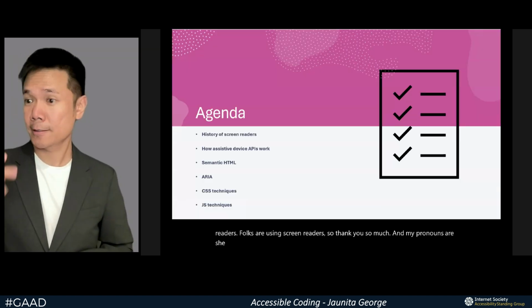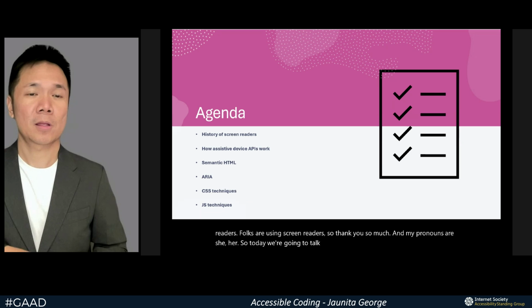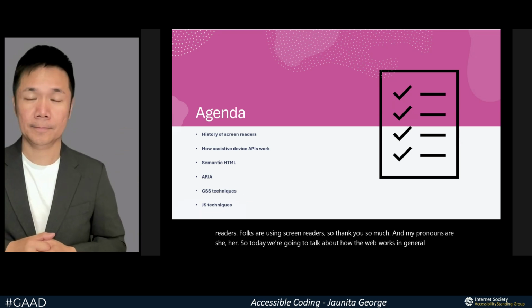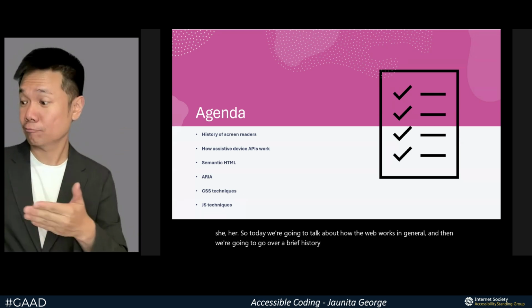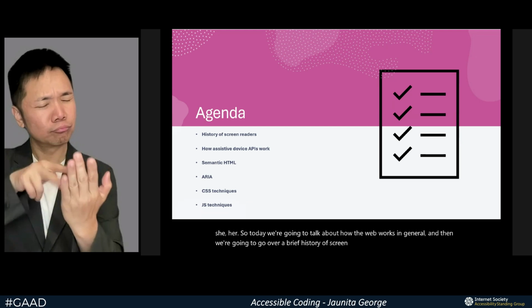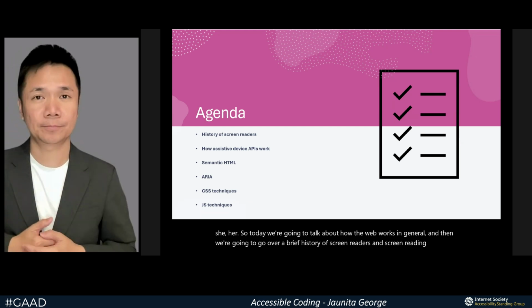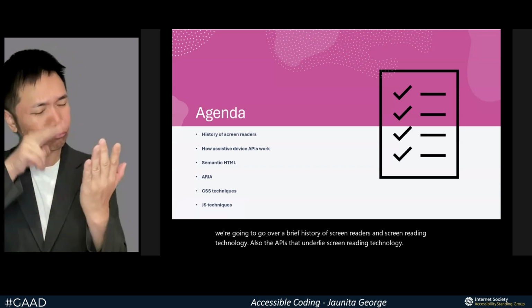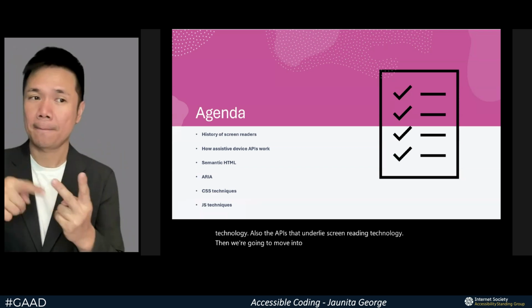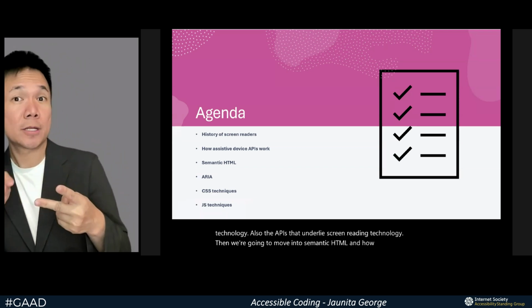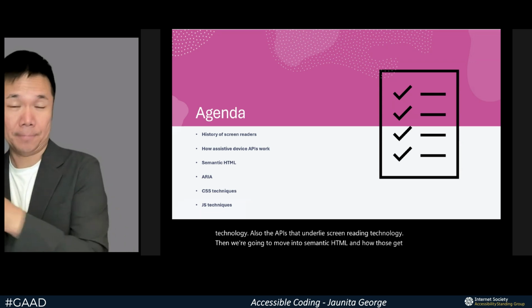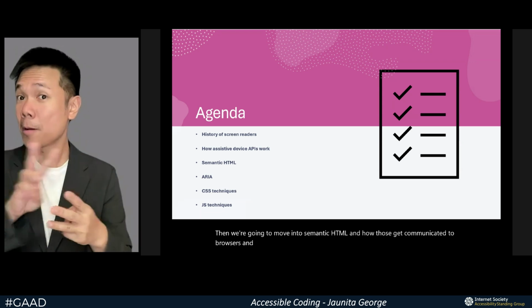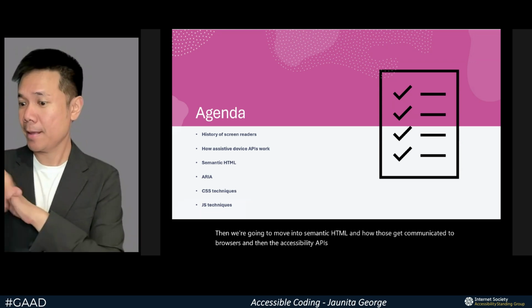So today we're going to talk about how the web works in general, and then we're going to go over a brief history of screen readers and screen reading technology, also the APIs that underlie screen reading technology. Then we're going to move into semantic HTML and how those get communicated to browsers, and then the accessibility APIs that exist on operating systems.